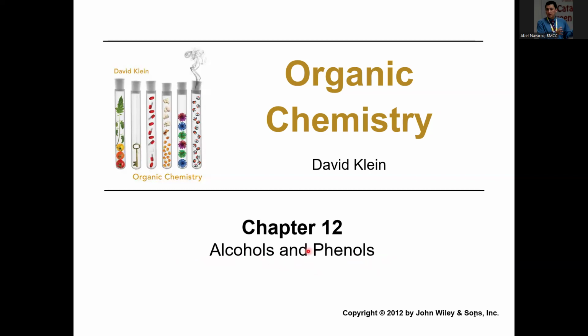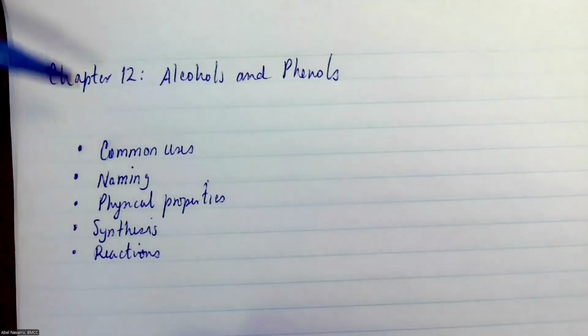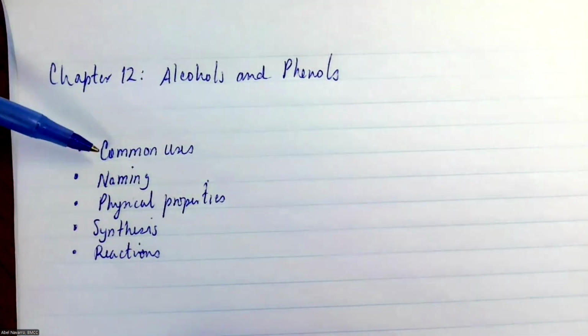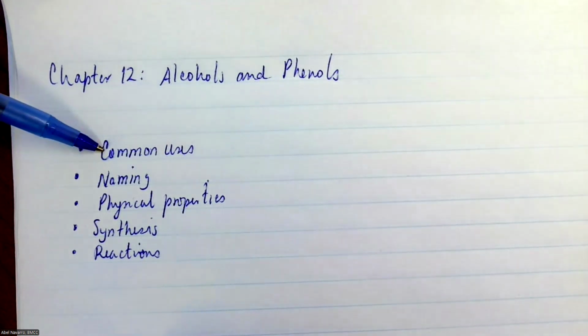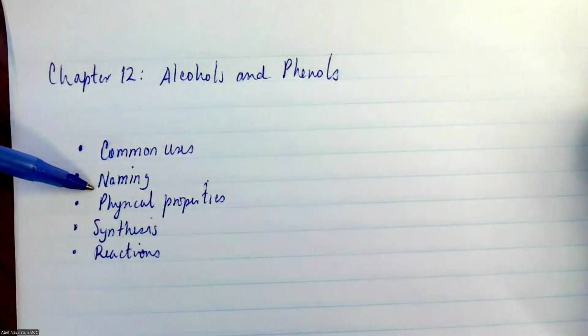Now I also wanted to tell you how we are going to do each chapter from now on. In this chapter, we have alcohols and phenols, and we will always do the same breakdown. If we do ketones and aldehydes, we will see common uses, common applications of the functional group, and maybe a little bit of naming.